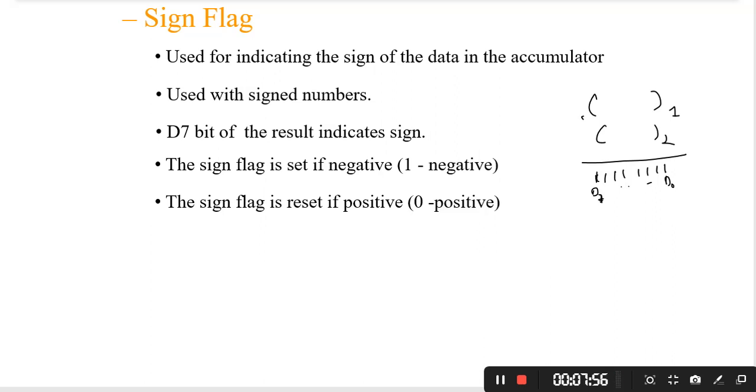If the D7 bit in the result is 1, then the sign flag will be 1. So the sign flag indicates whether the result is negative or positive.